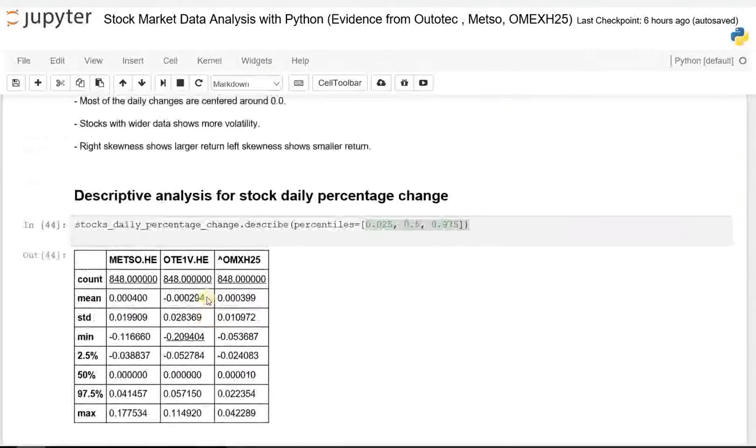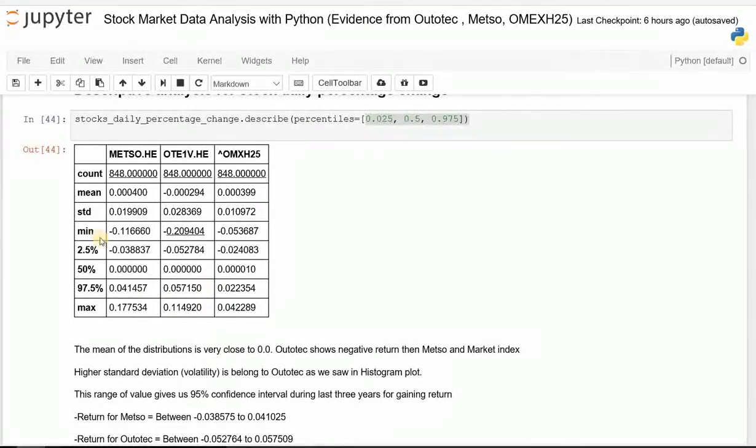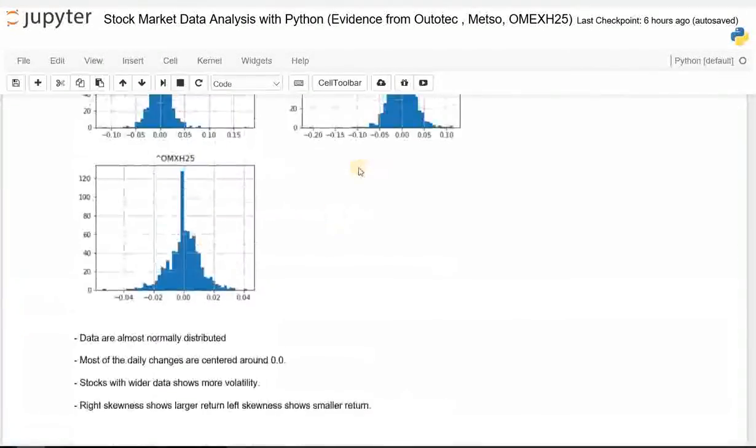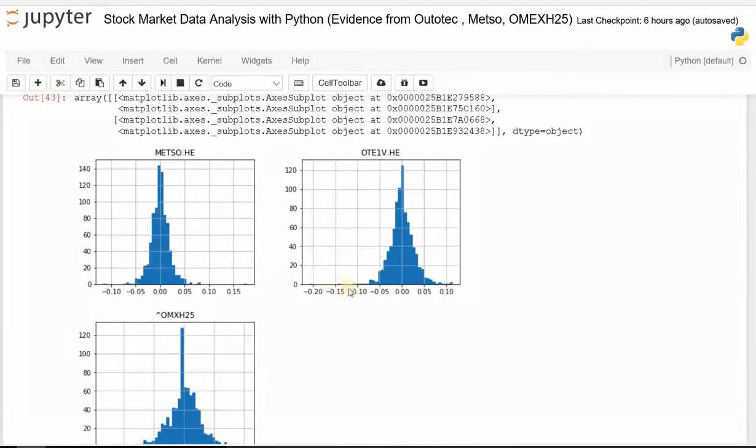Also, in my descriptive table, I can see the means of the distributions are really close to 0. Outotec shows a more negative return than Metso and the market index. The higher standard deviation belongs to Outotec, as we saw in the histogram.